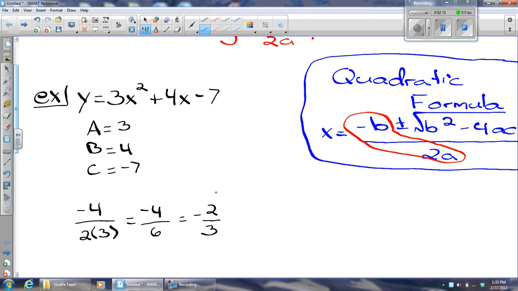So this negative 2/3 is our x-coordinate for the vertex.